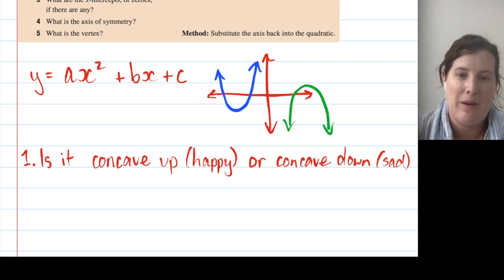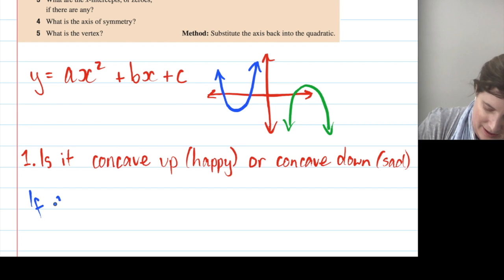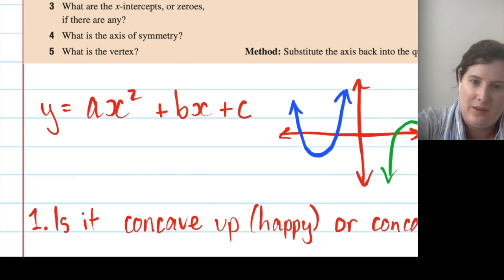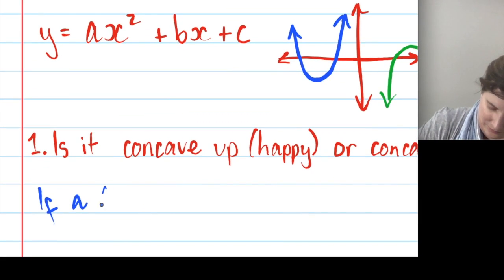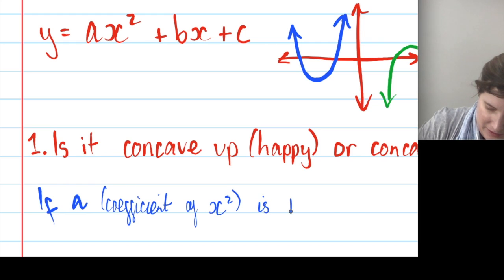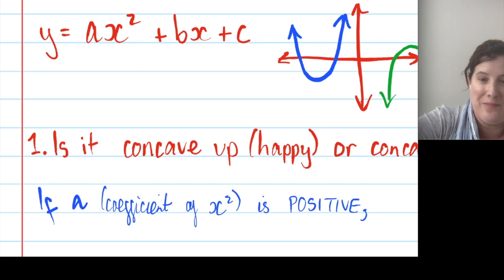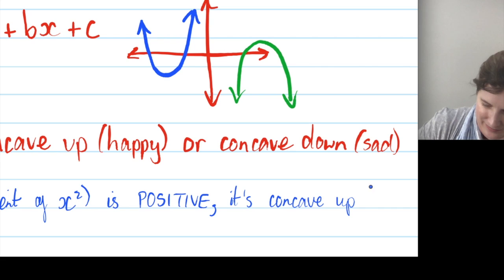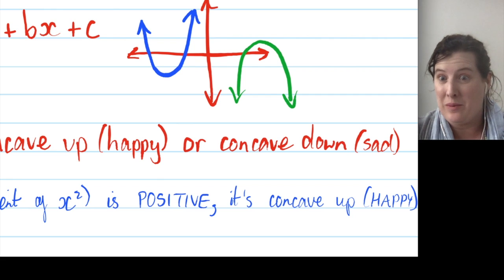So the way we tell is, if a, which is the coefficient of x squared, is positive, it's happy, so it's going upwards.